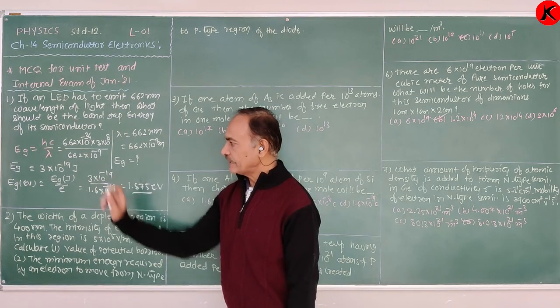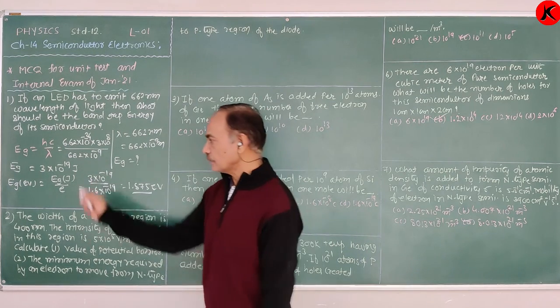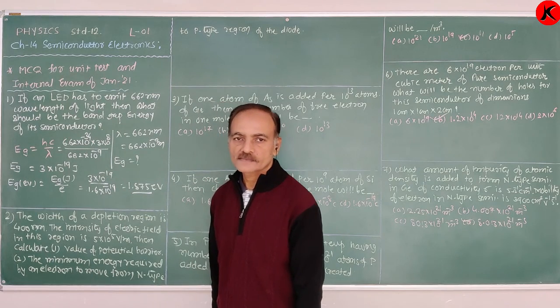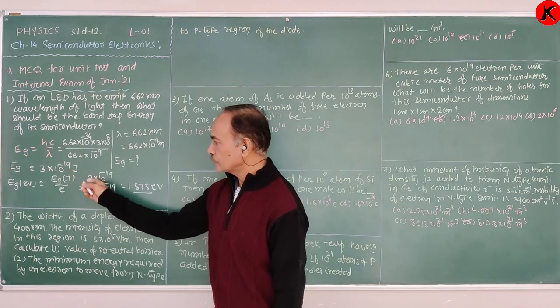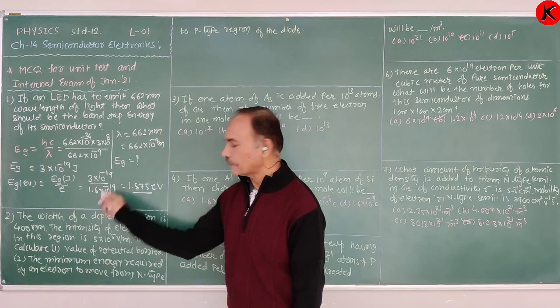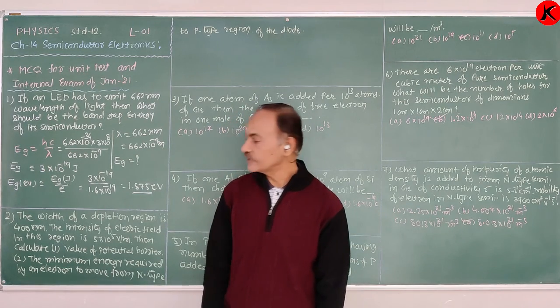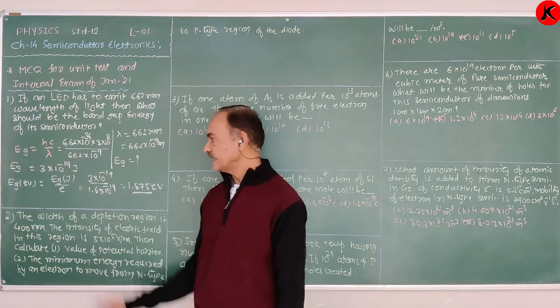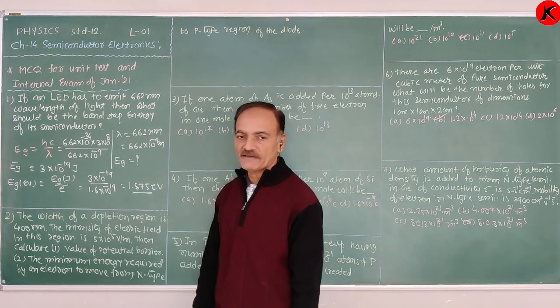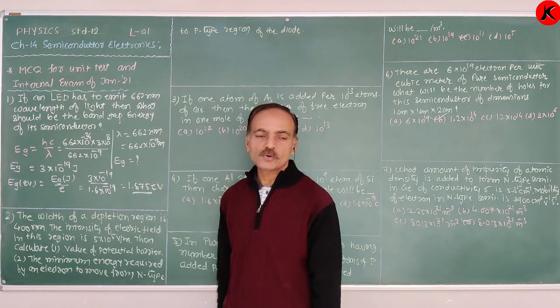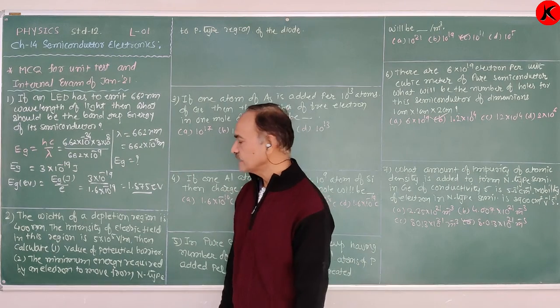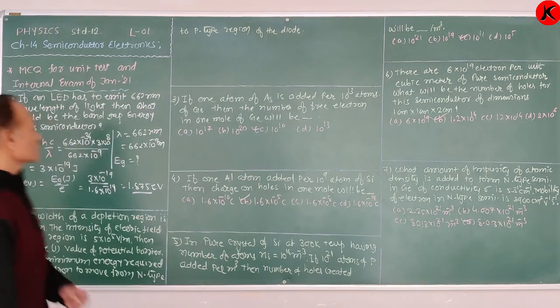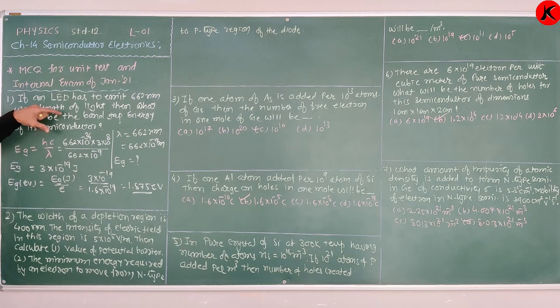So this band gap energy is divided by the charge of an electron e. Therefore, 3 into 10 to the power minus 19 joule upon 1.6 into 10 to the power minus 19. 10 to the power minus 19 cancels. 3 by 1.6 is equal to 1.875 electron volt. So that should be the band gap energy of the semiconductor. Clear? Okay.